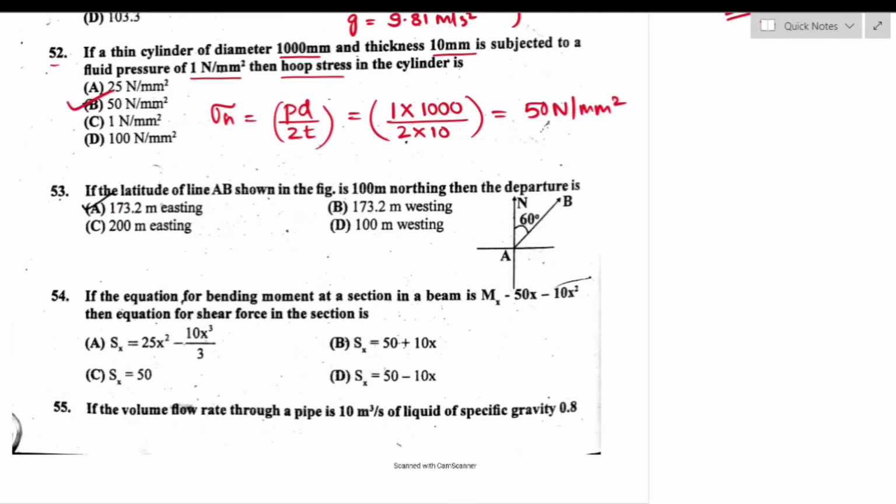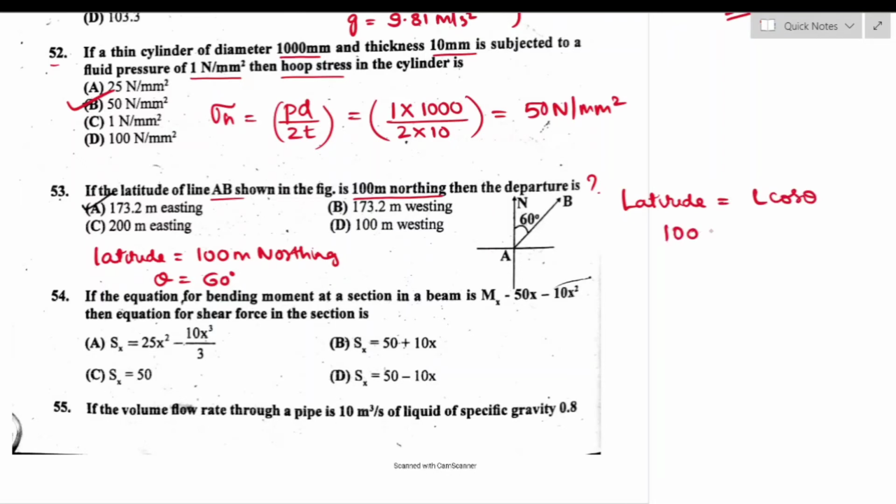Question number 53. If the latitude of a line AB shown in the figure is 100 meter northing, then the departure is. So here the latitude value is given, that is 100 meter northing, and the angle of the line segment AB is 60 degree. We know that latitude is equal to L cos theta.